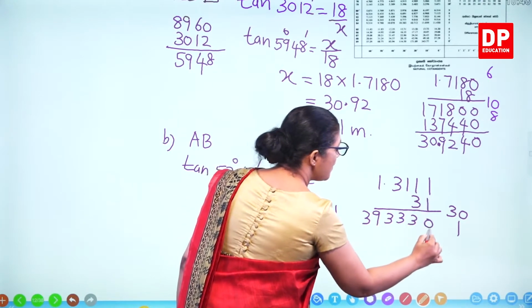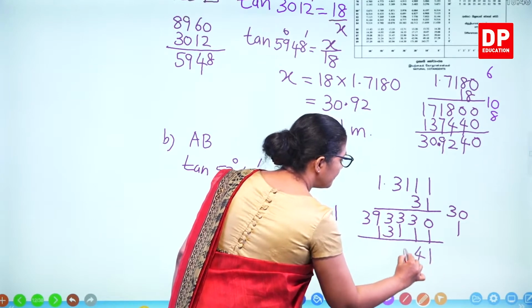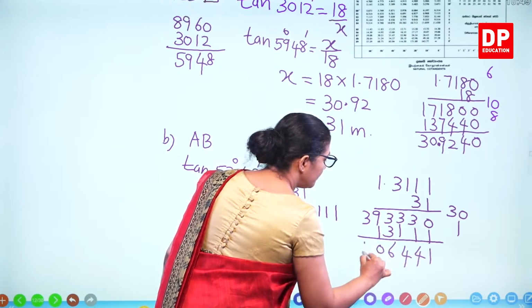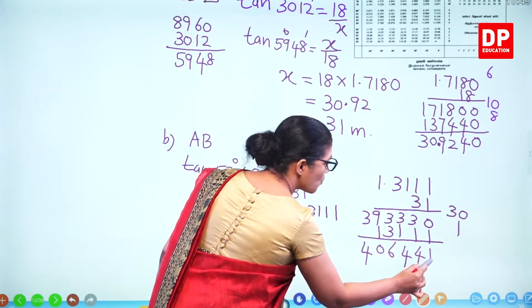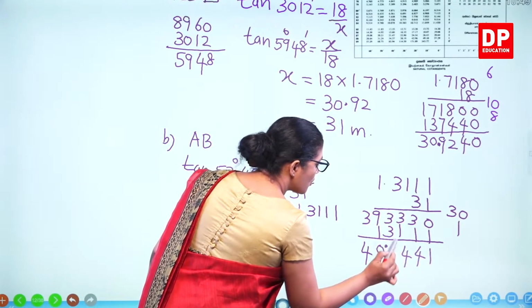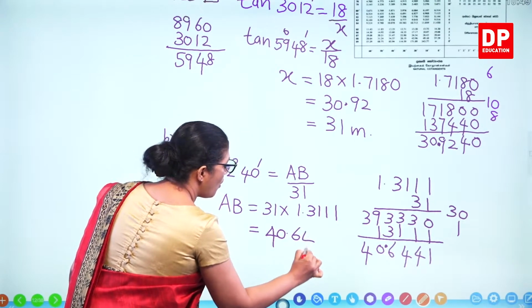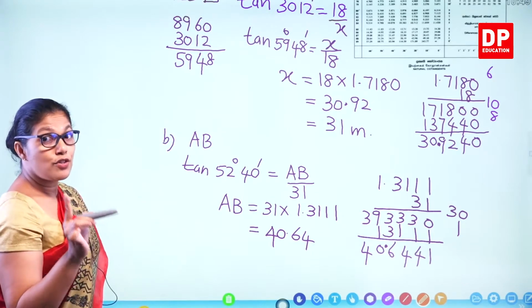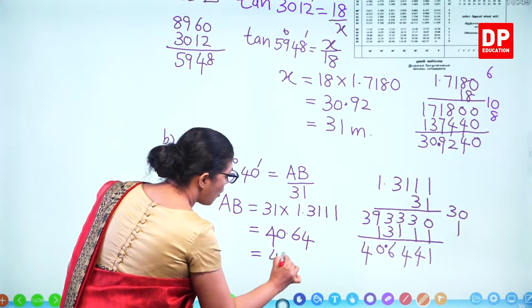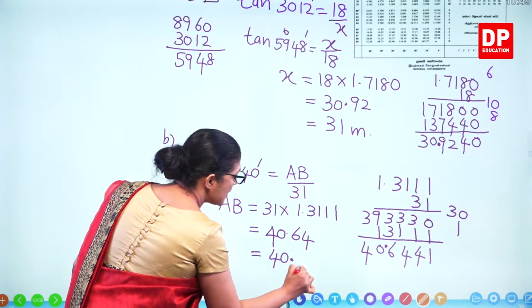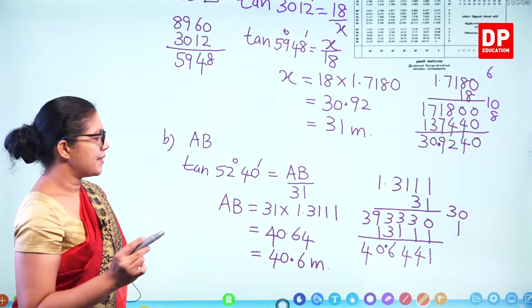Multiply by 30 and then 1. Add it. So you get this number, with 4 decimal places: 1, 2, 3, 4. So the answer is 40.64. But you need to round it to the nearest first decimal place. 40.6 meters is the height of the building.